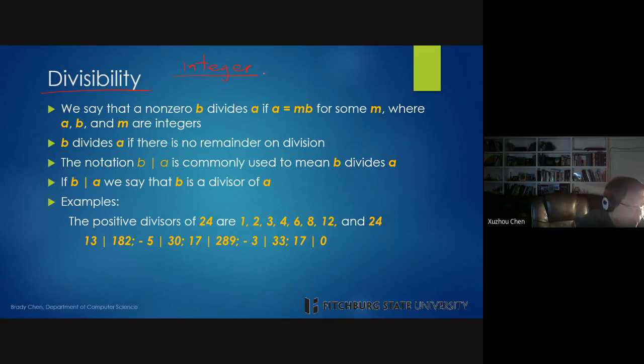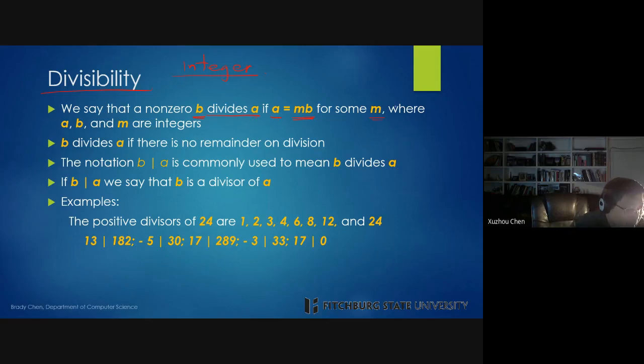So we say that a non-zero integer b divides a. That means a can be divided by b, or a is divisible by b, if we can write a as a multiplication of b times some number m.